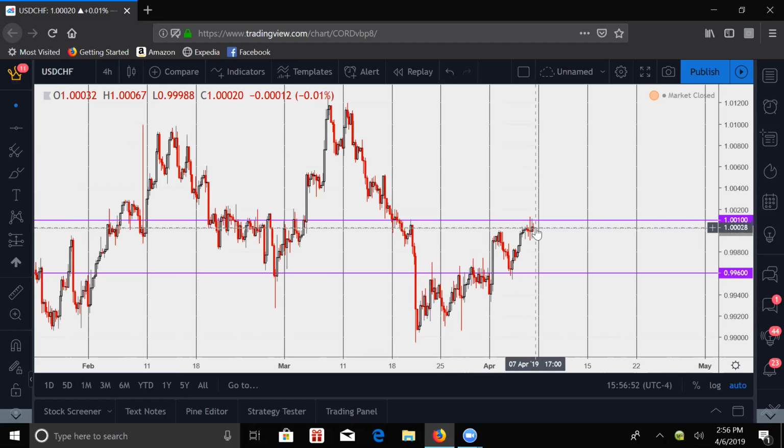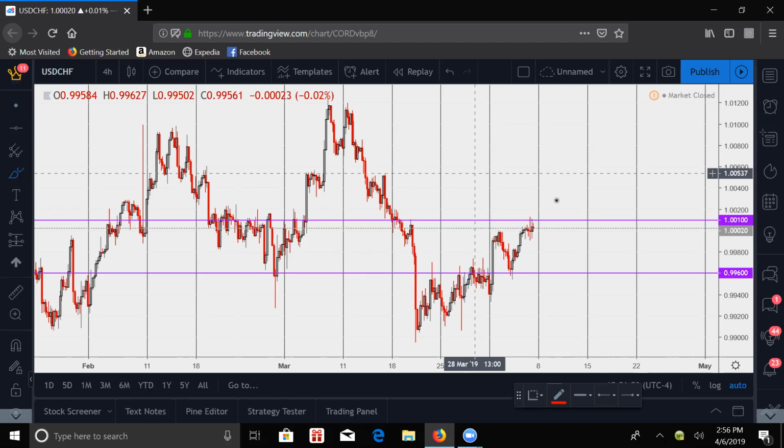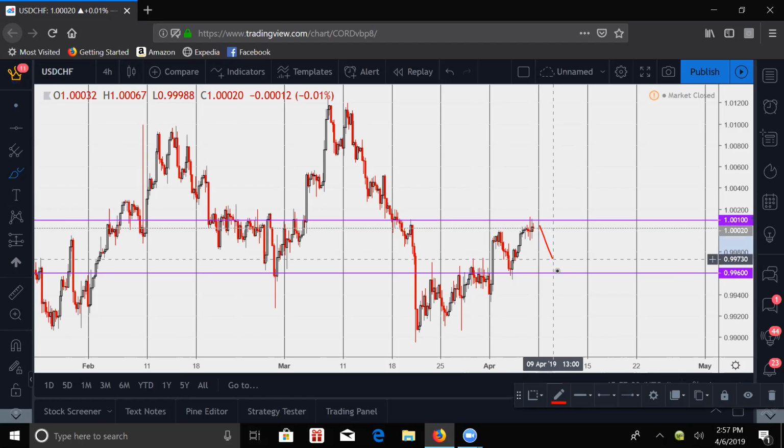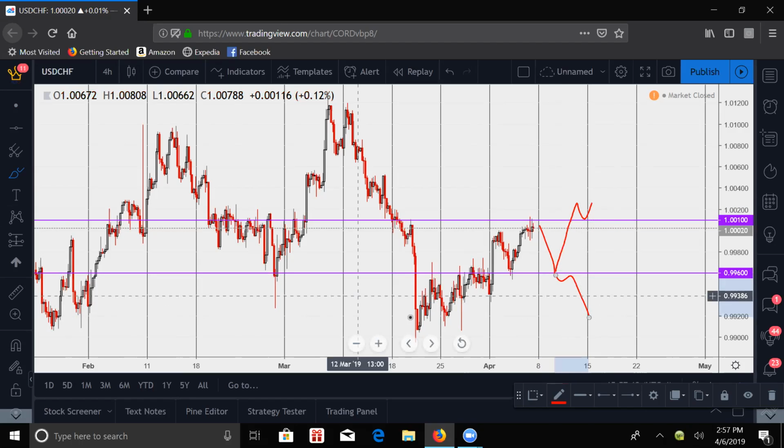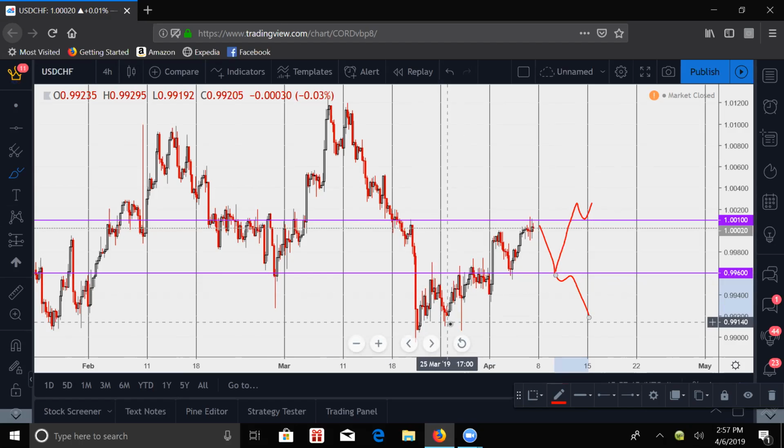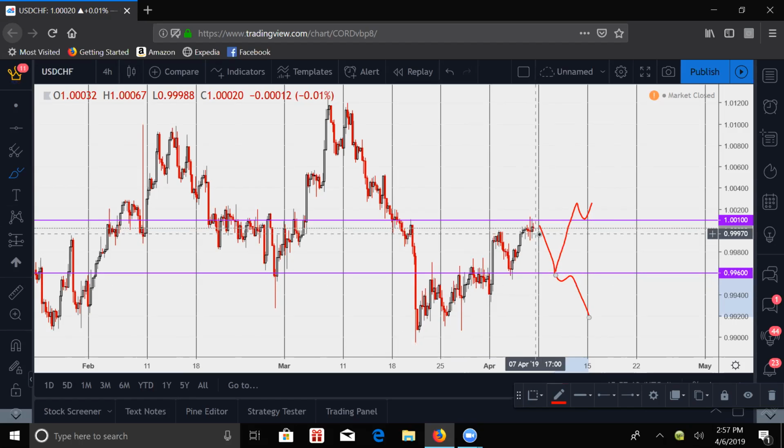It could reject this area and go down, bounce from this area right here and then go back up, and possibly break this area, or it could just break the support and head down. But price has been creating lower highs and higher lows right here.